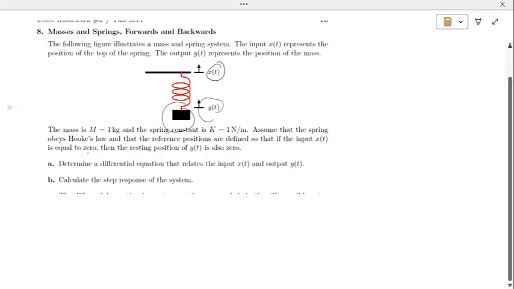Okay, so what you have here is a force. Hooke's law says that force is equal to minus the spring constant times the separation, or the length deviation of the spring.